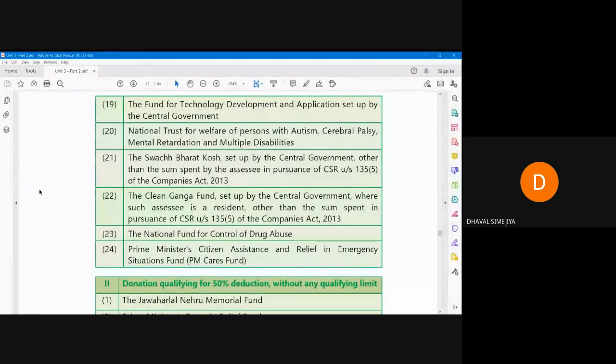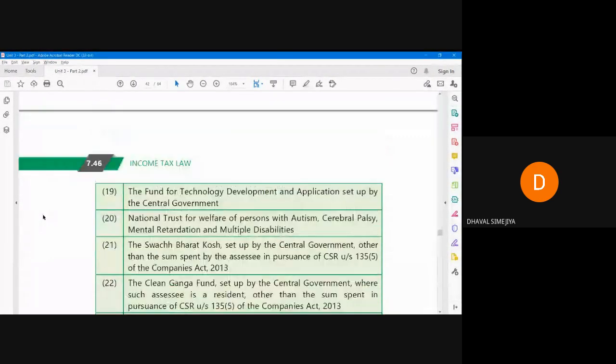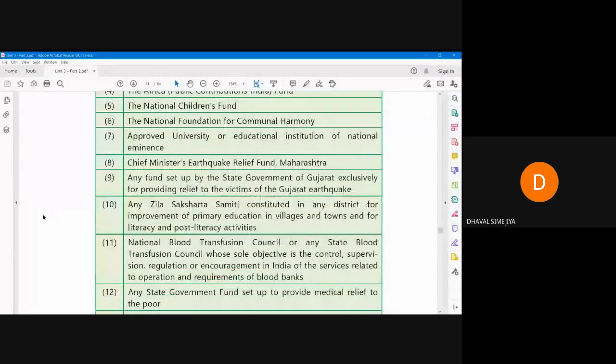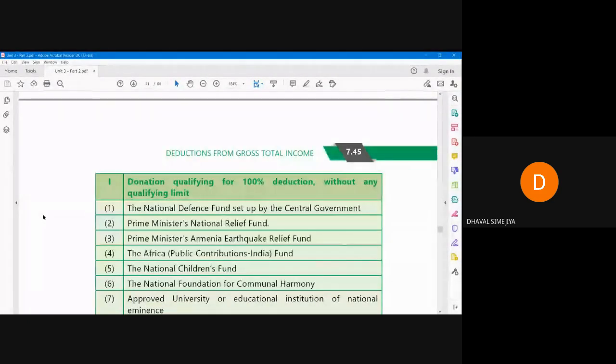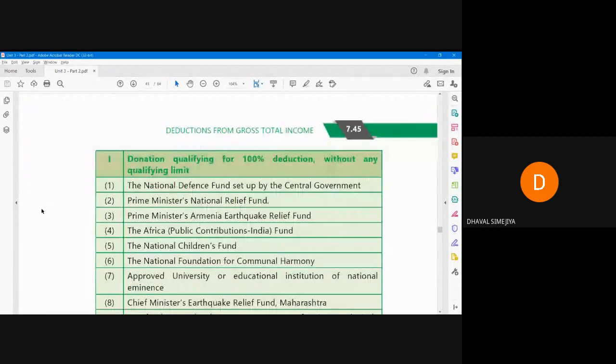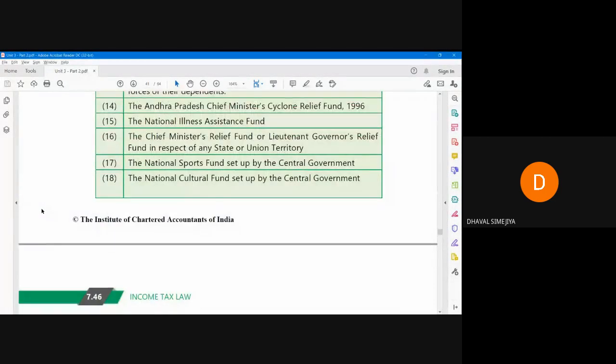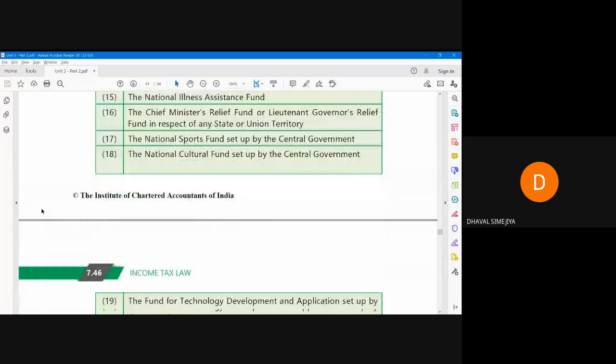This is the recent donation fund, PM CARES, Prime Minister's Citizen Assistance and Relief in Emergency Situations Fund. Okay, so if you donate your money to any of these 24, you will get 100% deduction. This is the first table, table number 1.